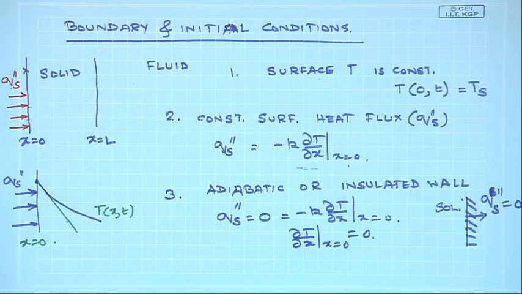So, perfect insulation or an adiabatic surface would simply tell you that the spatial gradient of temperature at that plane is equal to 0, which comes directly again by a heat balance on the control surface.